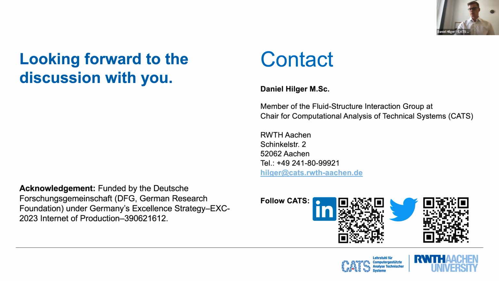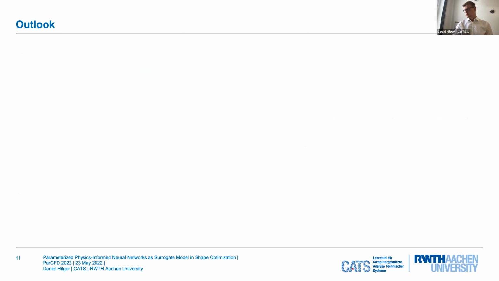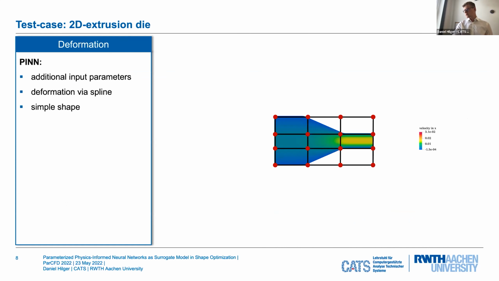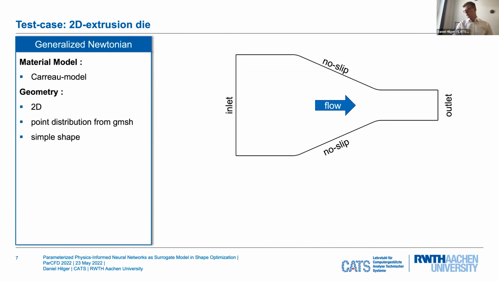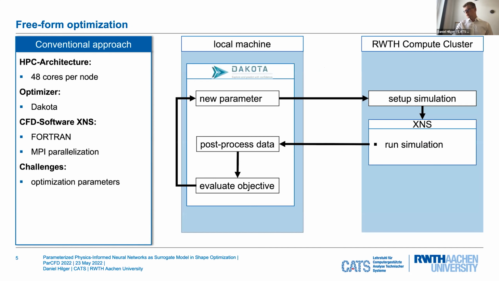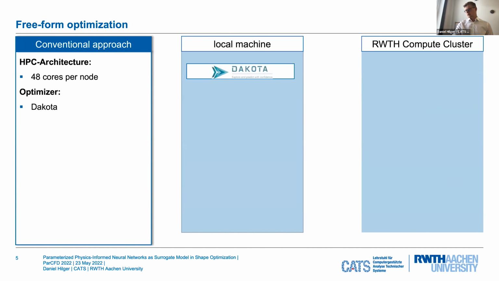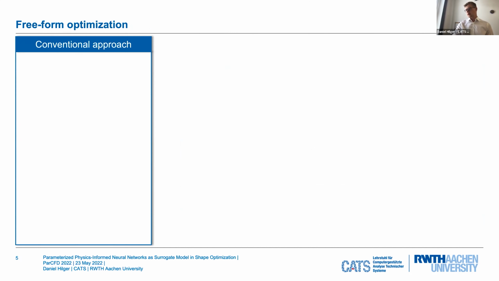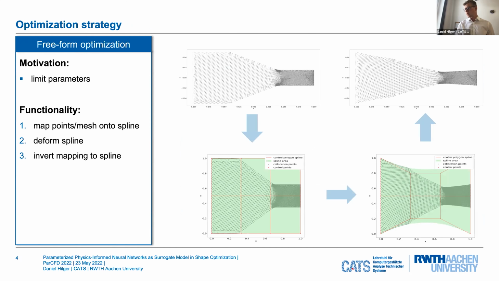No, in principle, let me just go back to the freeform deformation slide. In principle, it works the same. If we go to 3D, we don't have a spline surface, but a spline volume.